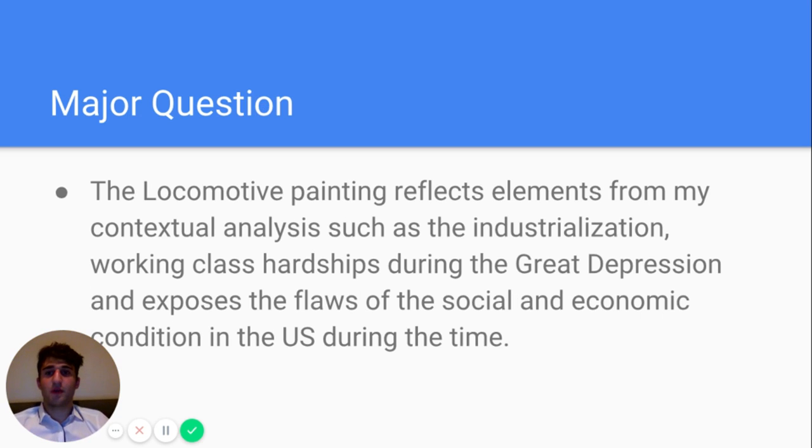And major question. So the question I'm going to be answering is how the painting reflects elements from my contextual evidence. The Locomotive painting reflects elements from my contextual analysis, such as the industrialization, the working class hardships during the Great Depression, and finally exposing the flaws of social and economic conditions in the US during the time under Roosevelt.